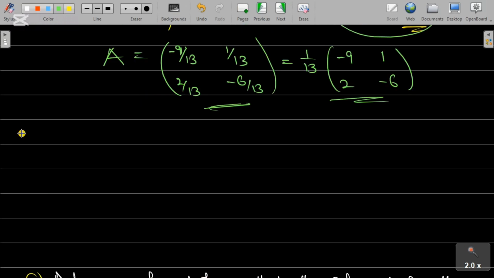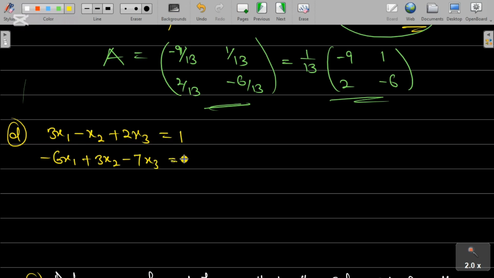So for our D, we are told that you are to consider this problem. And what is the problem? You are given 3x1 minus x2 plus 2x3 to be equal, everything there is equal to 5, and we are to, okay, so let me read the question.